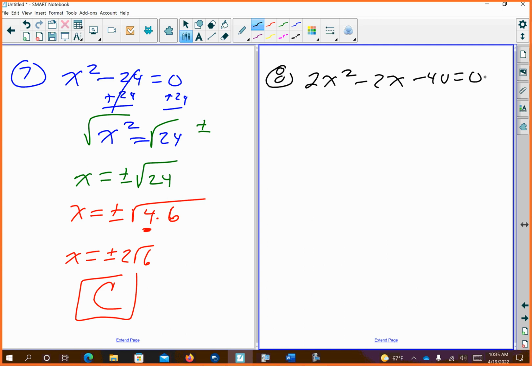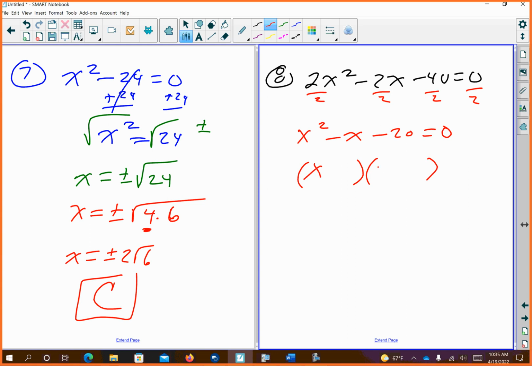You divide everything by 2 on this right away. I'm going to get x squared minus x minus 20 equals 0. Can I do my faster way of factoring now? I have an x squared. I don't have a 1x squared, I just have an x squared. So I think I can do my faster way.